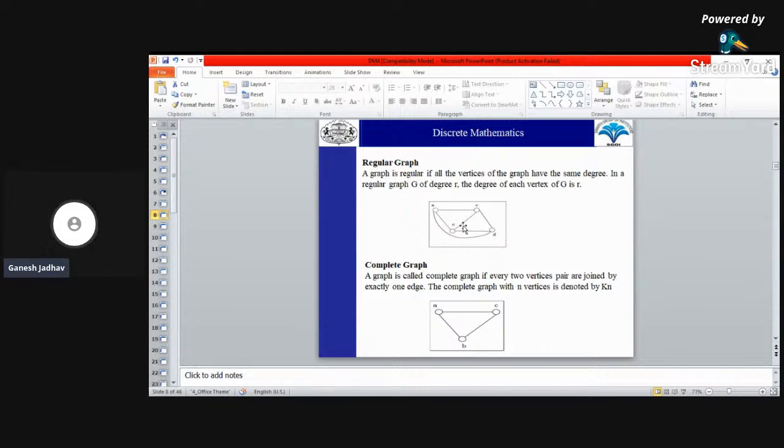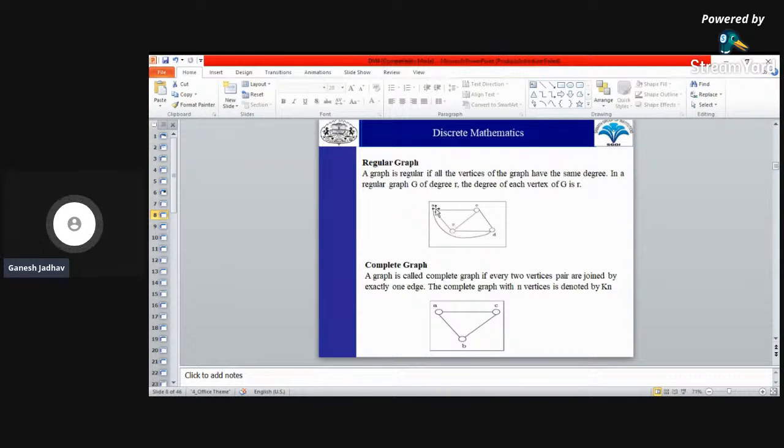In this particular graph, the degree of A is equal to 3, the degree of C is equal to 3, the degree of D is equal to 3, and the degree of E is also equal to 3.